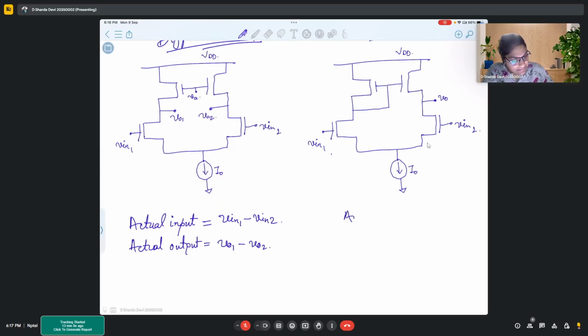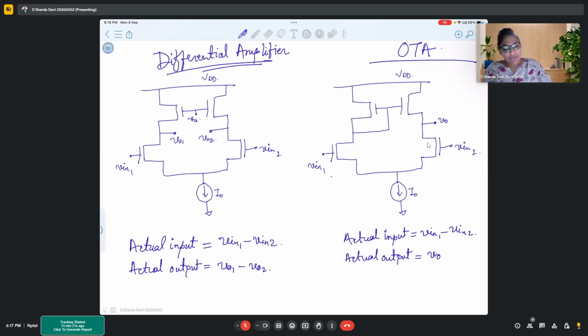Now, in the second circuit, the OTA, there is a single-ended output. Here again, the input is V in 1 minus V in 2, and the actual output is V0.